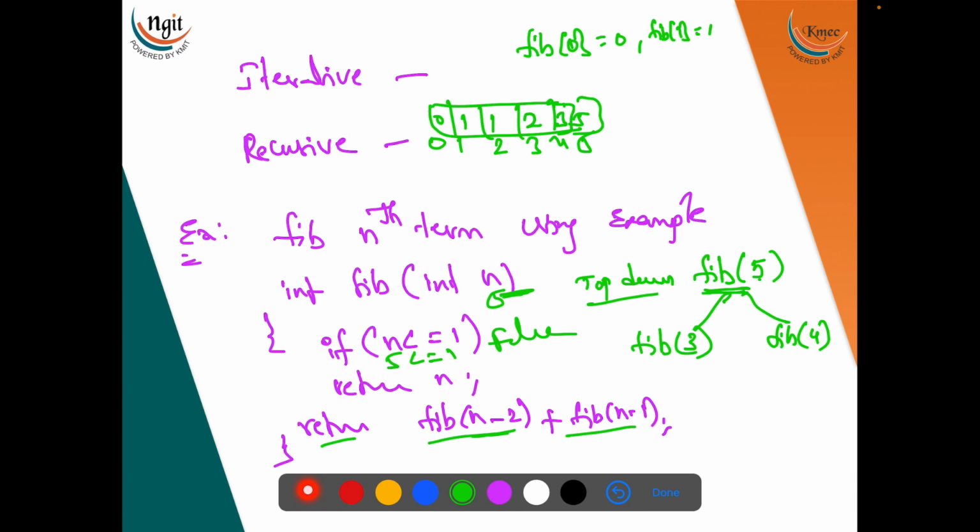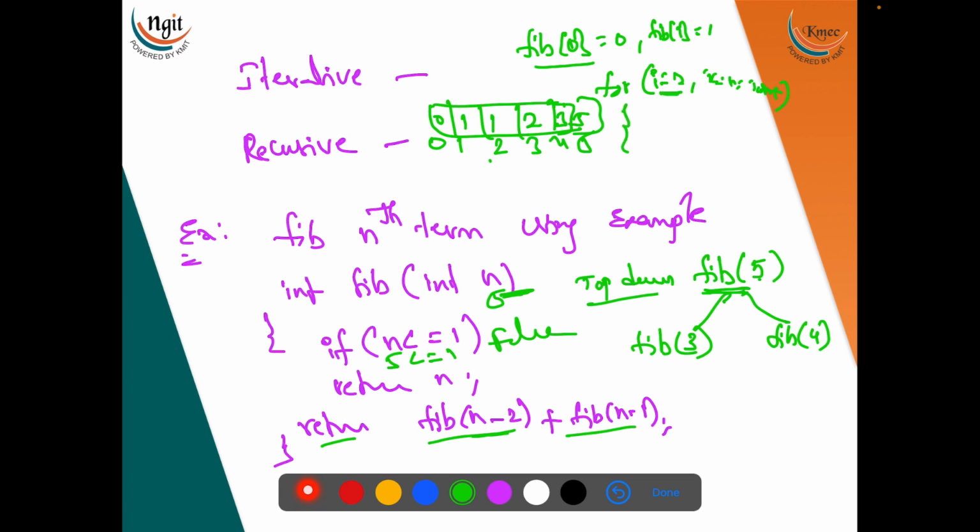So as far as the iterative approach is considered, we'll take the Fibonacci 0 term as constant, the Fibonacci 1 term as constant, and from Fibonacci 2 we'll run a for loop, that is i equal to 2, i less than or equal to n, i plus plus. So in this we start with 2, right?